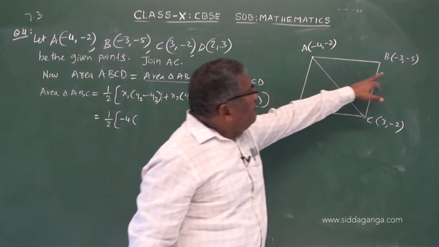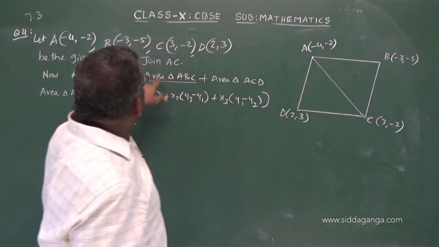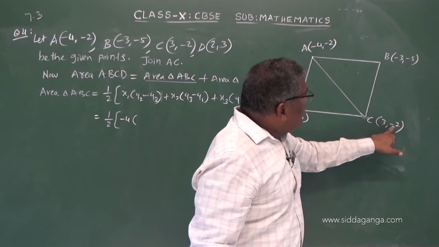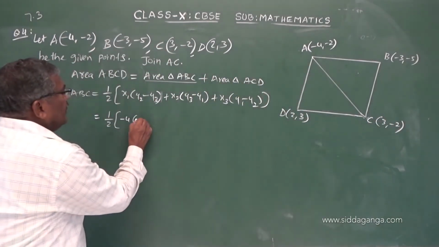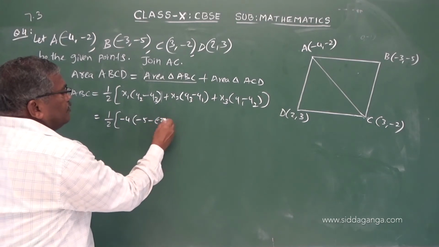y2 minus y3, that is minus 5 minus of minus 2.